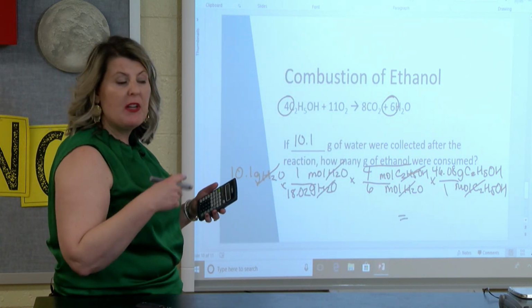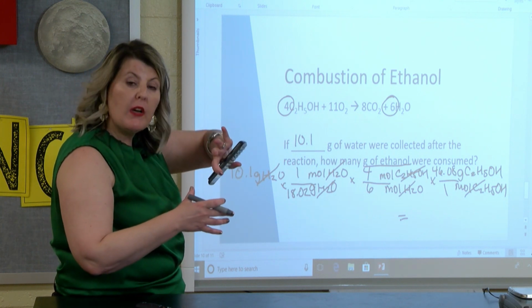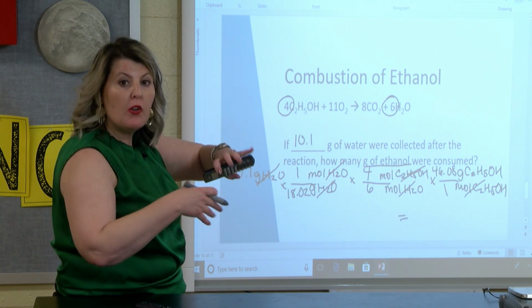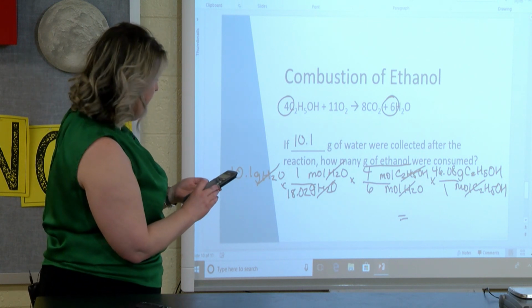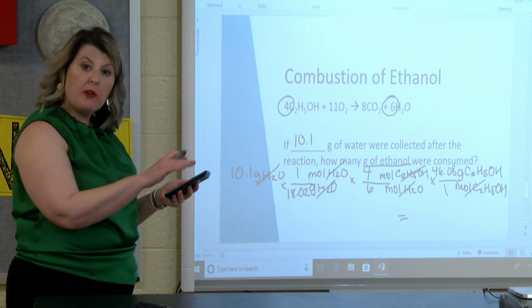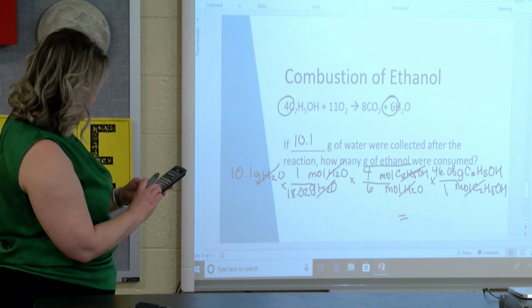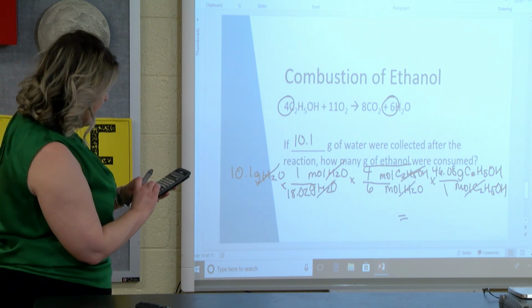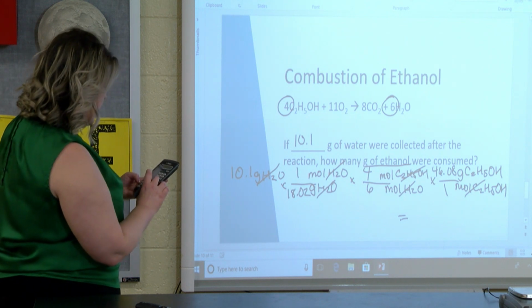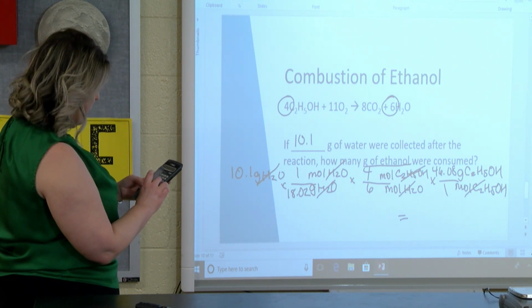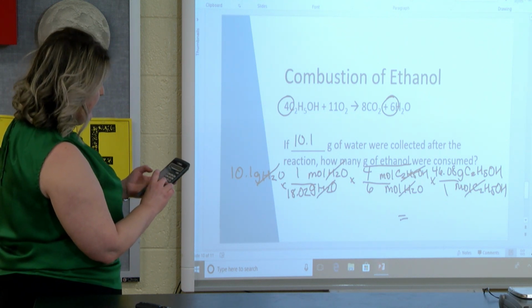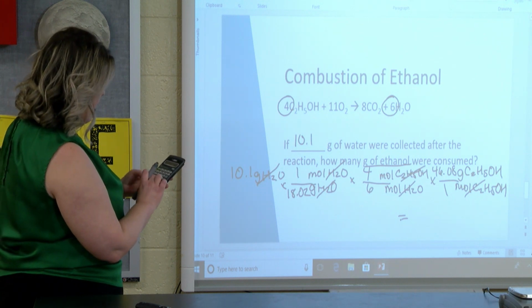So we're going to see how much ethanol I actually poured into that bottle, swirled around, and actually reacted. In our calculator, multiply across the top, divide by the bottom: 10.1 divided by 18.02 times 4 divided by 6 times 46.08.